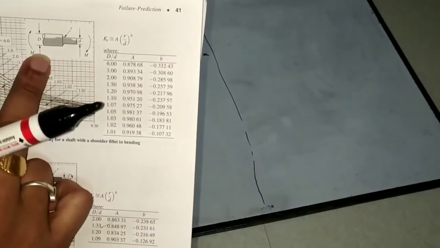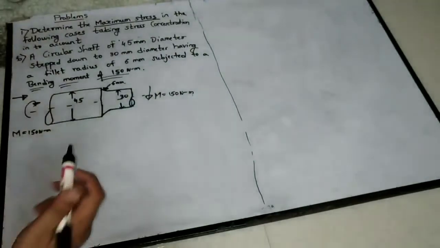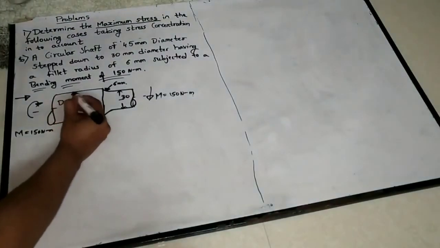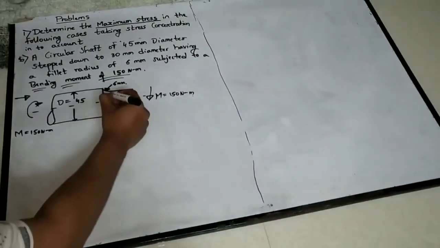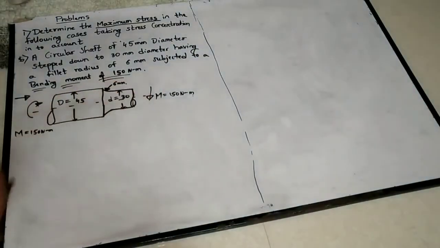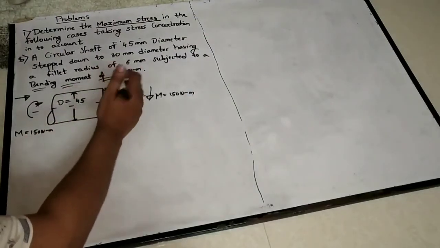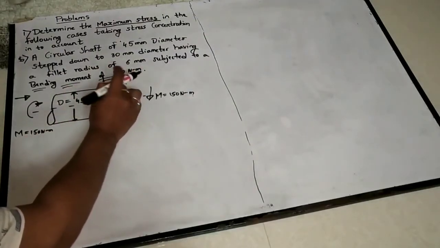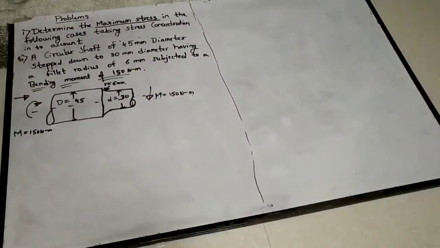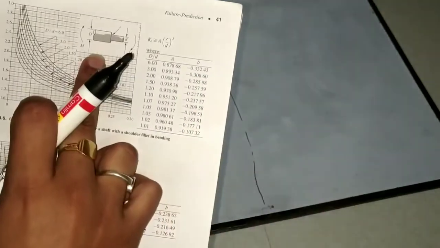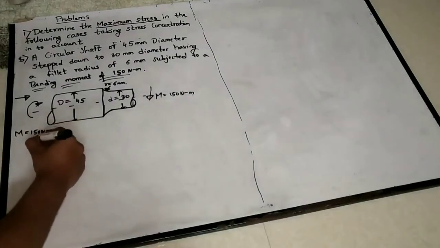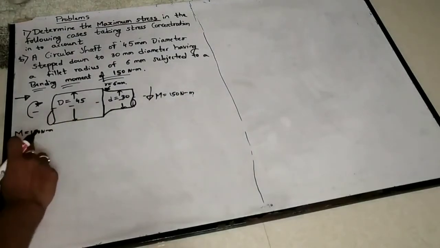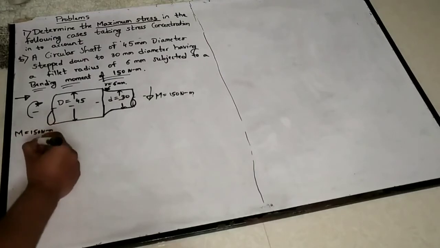So comparing our given problem with this one, this is your capital D. You can see in data handbook capital D. This is small d. This is a fillet radius small r. So if you have data handbook, you can easily write down. Okay, I shall write the given data now. Bending moment M we have already written.